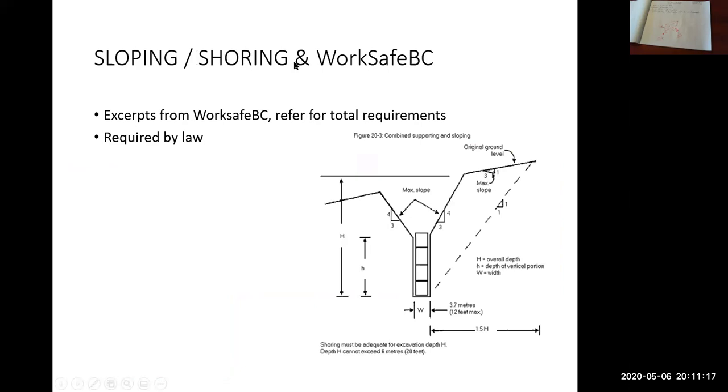So sloping, shoring, according to WorkSafe BC. These are just a couple example photos, things you might see in the WorkSafe BC regulations. So if you had a cage, you're told the maximum slope you can have if you're going to slope above that cage.